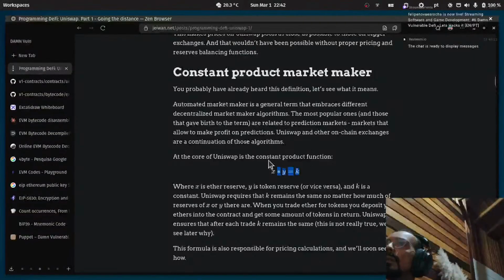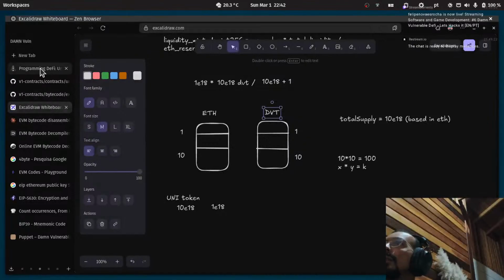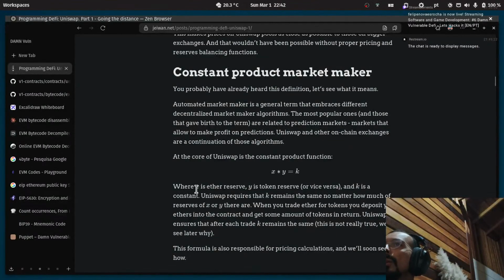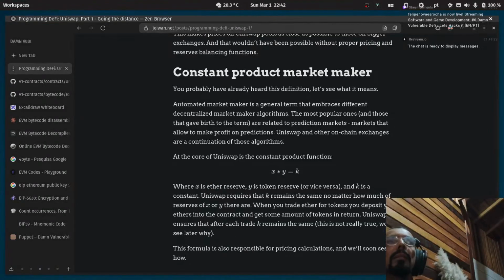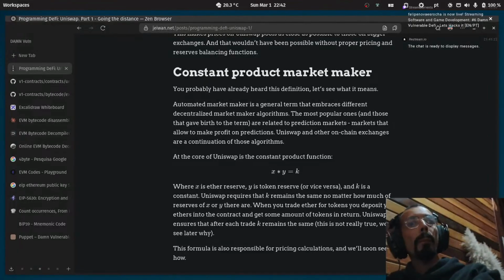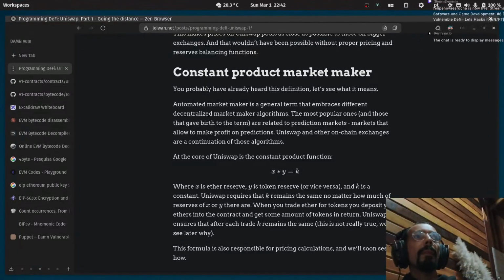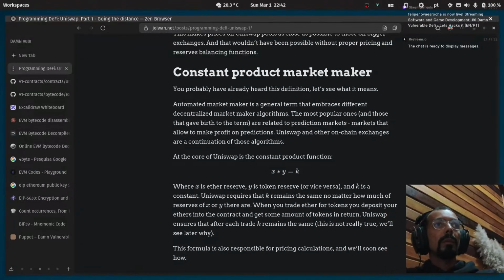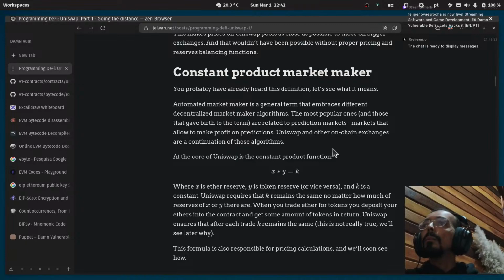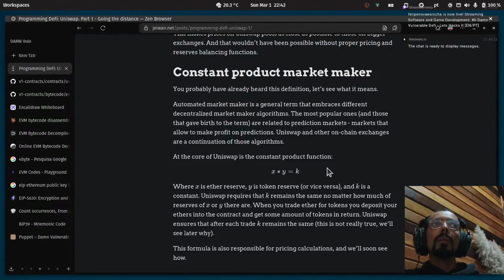Here's the constant product function, like I drew here. Where X is the ether reserve and Y is the token reserve, and K is a constant.